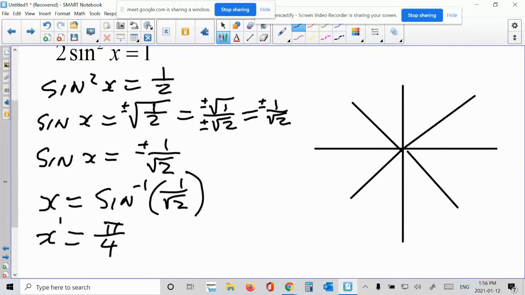But I'm going to call it x prime again. I always call it x prime because now I'm going to say, where do I put that pi over 4? What quadrants should I put that in? Should it be quadrant 1, 2, 3, or 4? When I asked the question last time, I got an answer that it was 1 and 4 because it was cosine and it was where cosine was positive. So we're asking for sine.